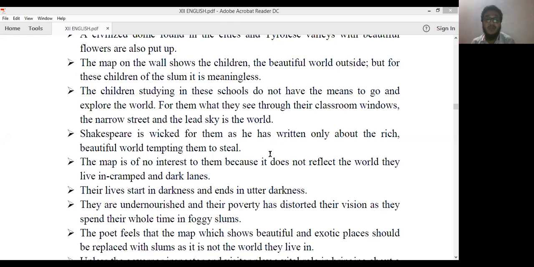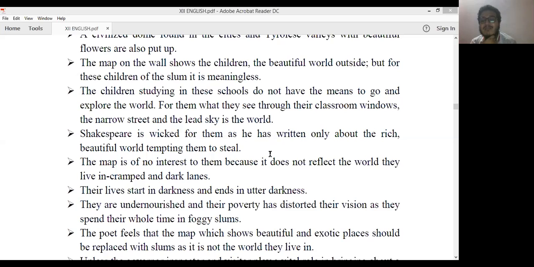He has described only the rich. And practically, these students don't understand the value of Shakespeare, his writing, the importance of literature. What they think is that he has only presented the rich. He has not shared the idea about the poor.